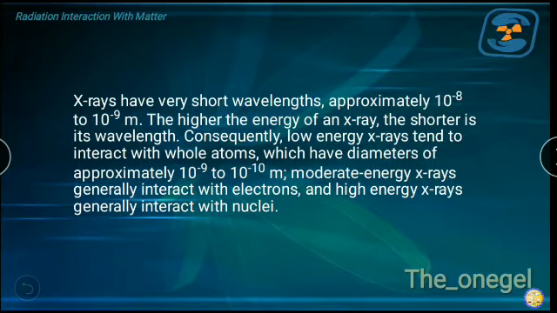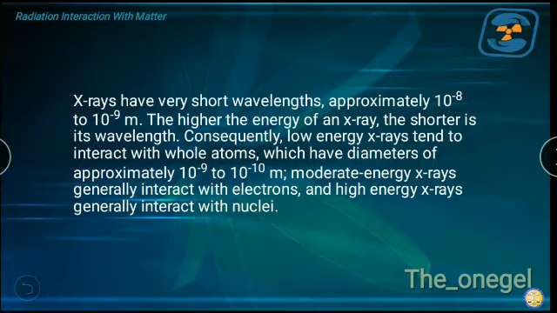So, consequently, the low energy X-rays tend to interact with the whole atoms, which have diameters of approximately 10 raised to the negative 9 to 10 raised to the negative 10 meter. Moderate energy X-rays generally interact with electrons, and high energy X-rays generally interact with the nuclei. So, ito lang yung mga kailangan nating tandaan.